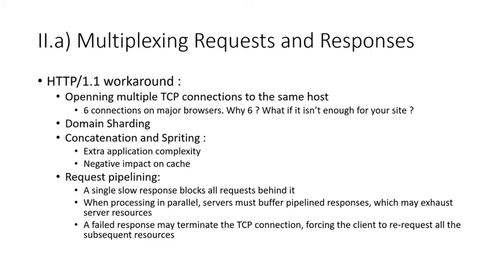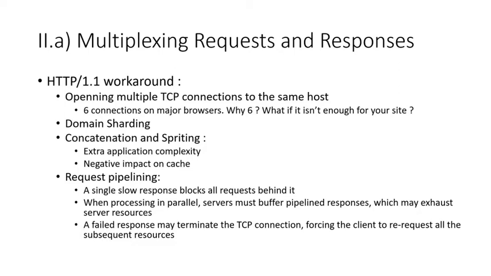Another problem with this is that if the second response is ready on the server side while the first is still in process, the server must buffer the second response until the first is sent to the client, which may exhaust server resources. Also, a failed response may terminate the TCP connection, forcing the client to re-request all subsequent resources, which is too bad.